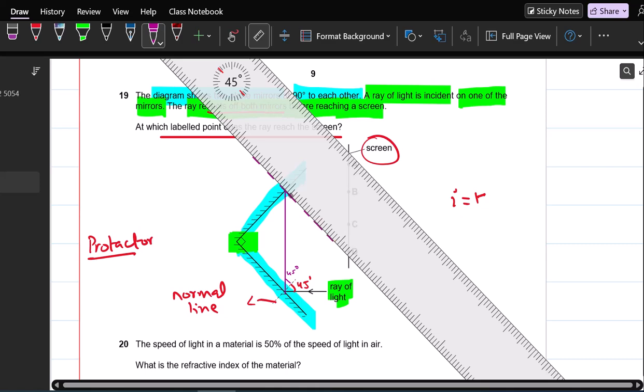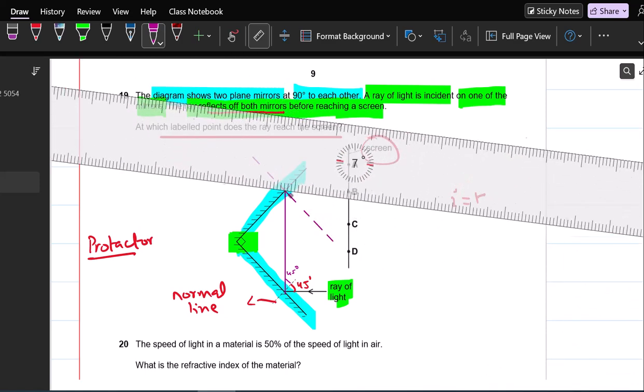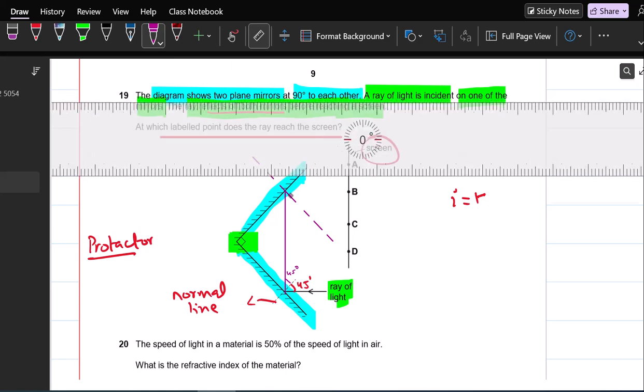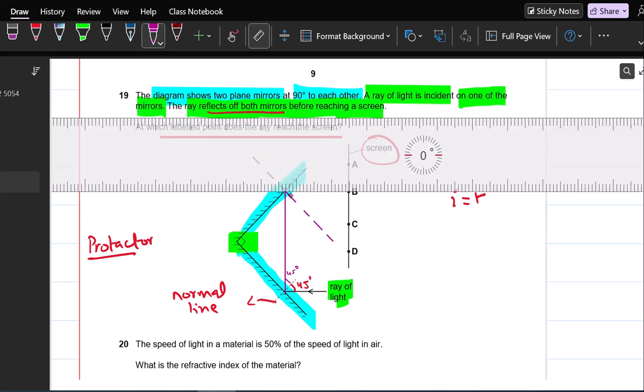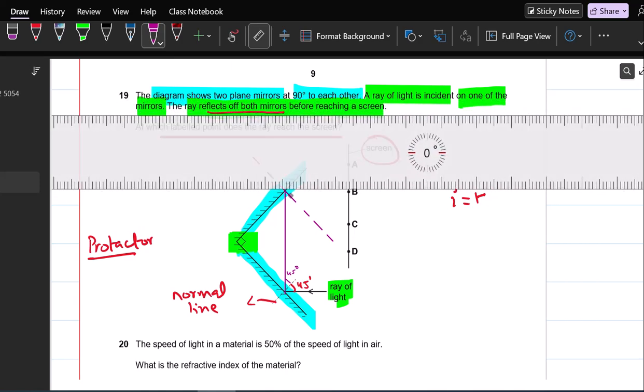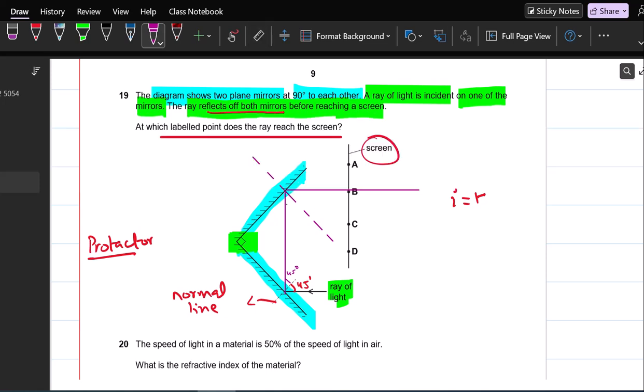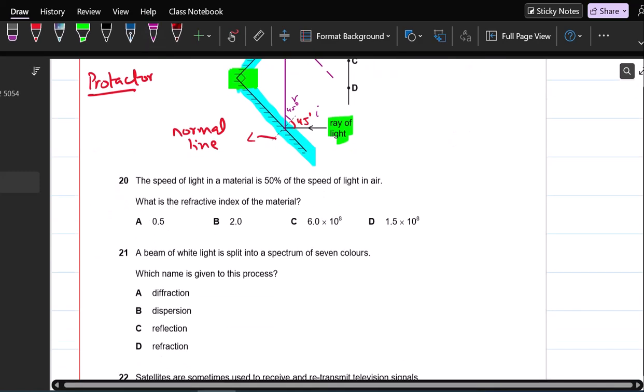And now again reflection is going to occur at an angle of 45 degrees. So it is going to be like this. So B is the right option. This is the angle of incidence, angle of reflection, this one. So B is the right option. So hope so, dear students, that's fine so far.